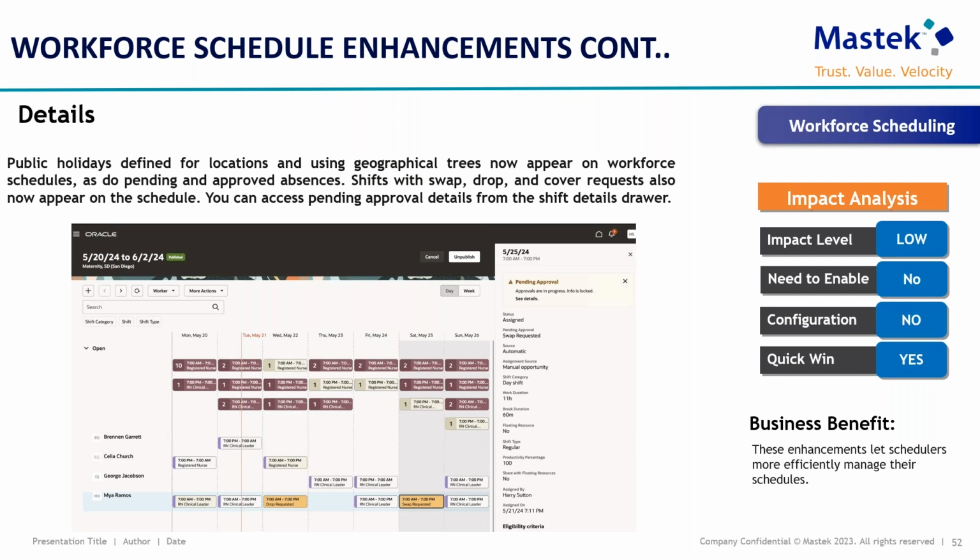And we can also add the shift swap, drop, and cover requests based on the different employees' work schedules. So if a manager wants to assign someone else on that particular public holiday where employees are geographically assigned, they can easily drag and drop someone else's work schedule on that particular day while managing their entire team. The impact is low. We don't need to enable or configure anything, and that's why it's a quick win for us.